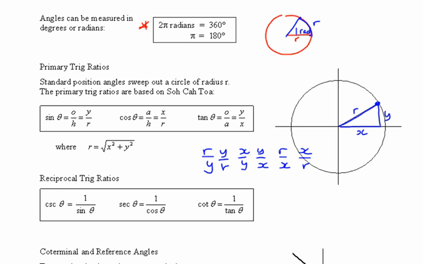And so basically we know that x over y is just the reciprocal of your tan. So we have y over x is tan. X over r is cosine. And we have y over r, which is sine.